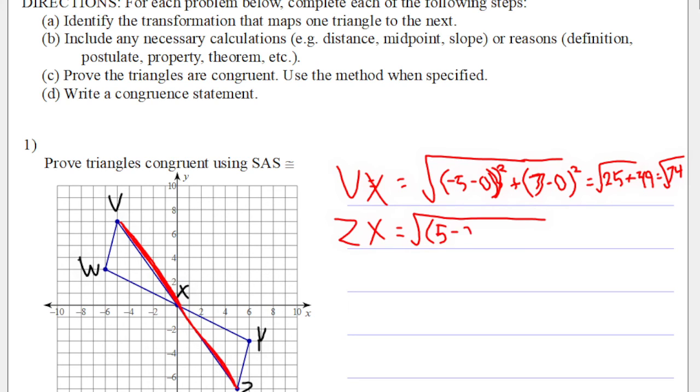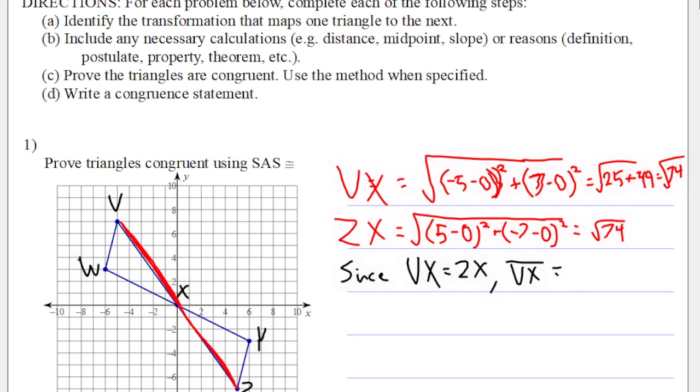Again, subtract your X coordinates squared plus subtract your Y coordinates squared. Again, you'll get 25 and 49, which is 74. Ding, ding, ding, we have a match. So you would write, since V to X equals Z to X, segment VX is congruent to segment ZX, and then we would have our side.